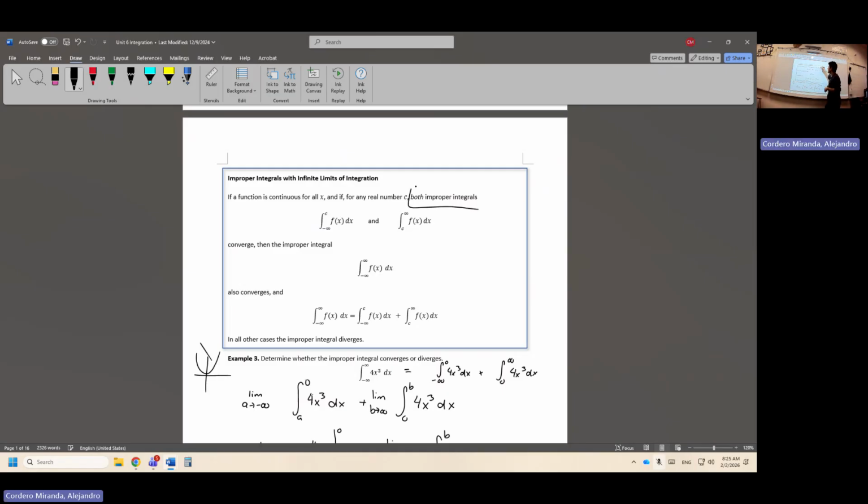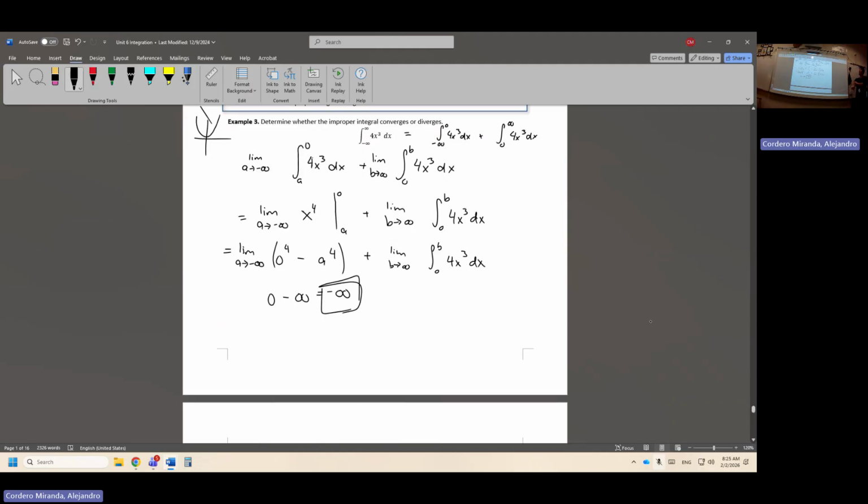Both of these have to converge for one of these integrals from negative infinity to infinity to converge. So I'm just going to stop here. I'm not even worried about this. Don't care. Because once I get that one of them diverges, the whole thing diverges.